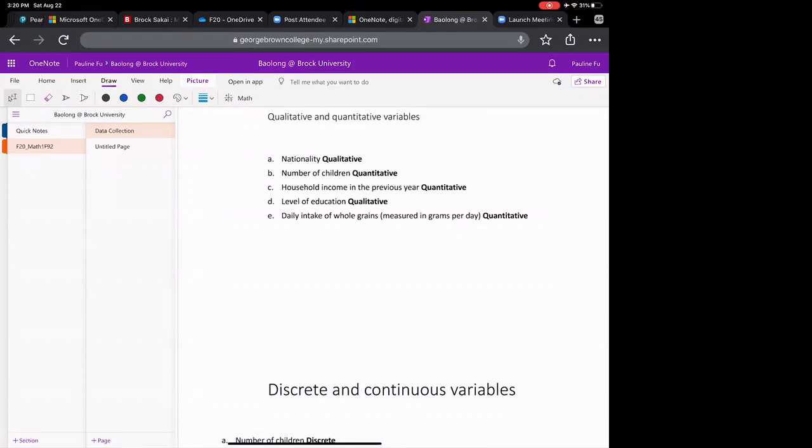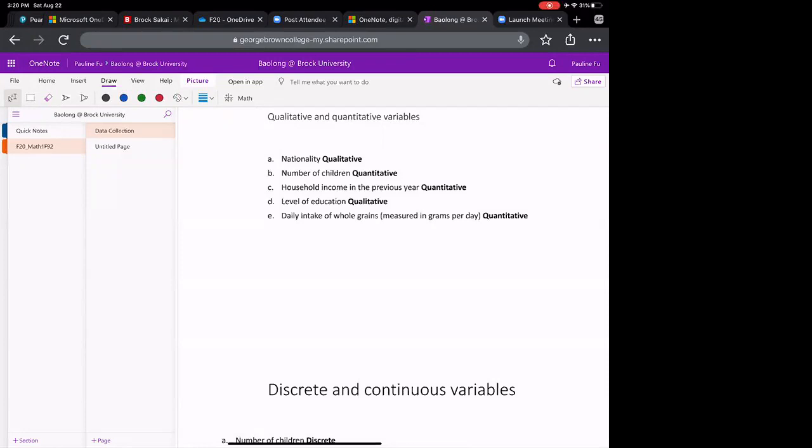For example, my nationality is Canada, so I'm a Canadian. Nationality is qualitative data. How many children do I have? I have 1 child. That one is quantitative data. It provides numerical measures of individuals.